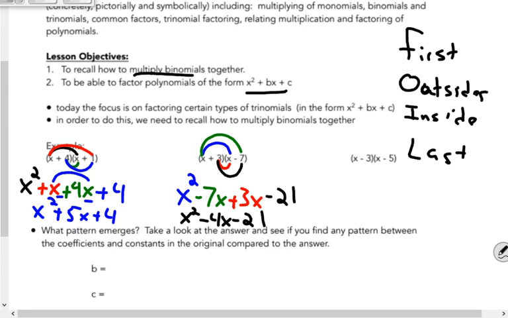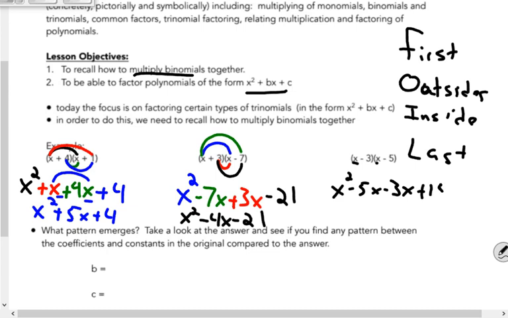All right. So first times the first. X times x. Outsides, these two here, you guys get negative 5x. Insides, these two guys here, negative 3. Right, negative 3 times negative 5.